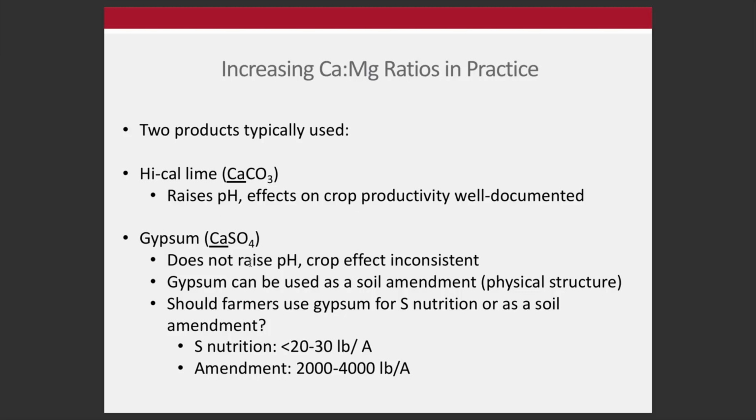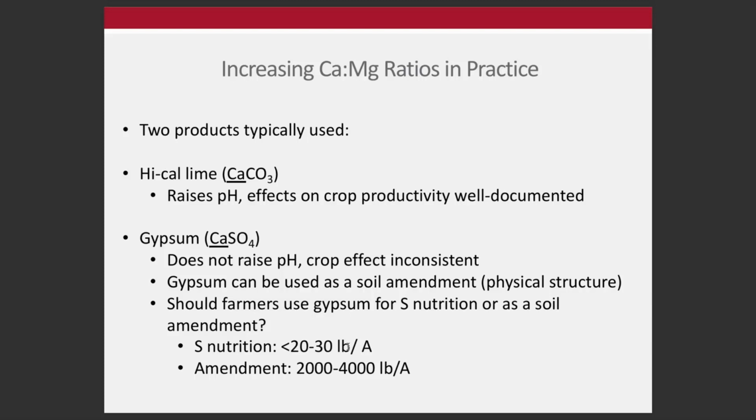I just showed you in the sulfur section that most of those trials applying a lot were gypsum, and they had really no effect on yields, at least as one measurement. For sulfur nutrition, we're typically at 20 to 30 pounds per acre.